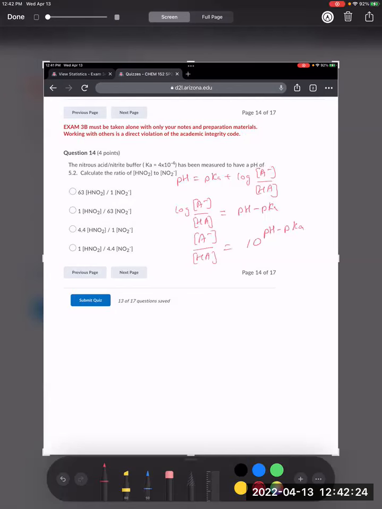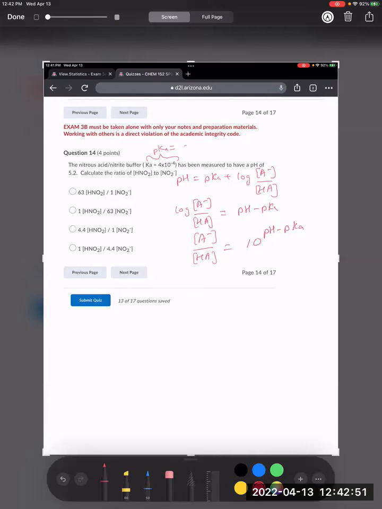You are given the Ka, and from the Ka you can calculate the pKa. The pKa must be minus log of 4 times 10 to the power of minus 4, which is 3.4.